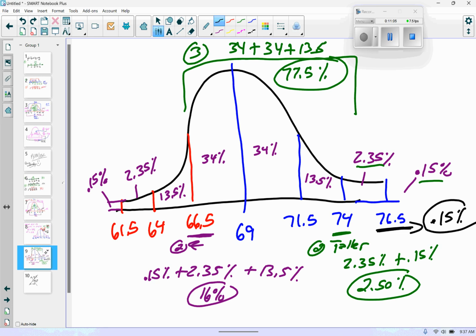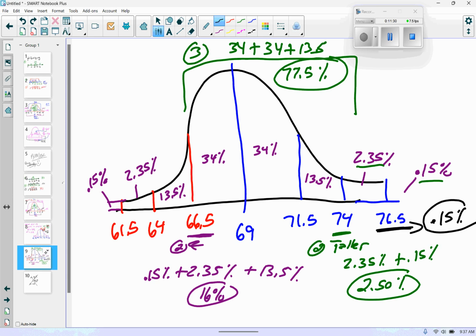I found the error. Yes, we have a wrong number written. So this 86, we're needing to change to an 84. Change this to an 84%. I made a mistake. There's my mistake.